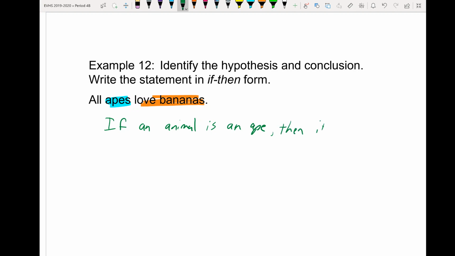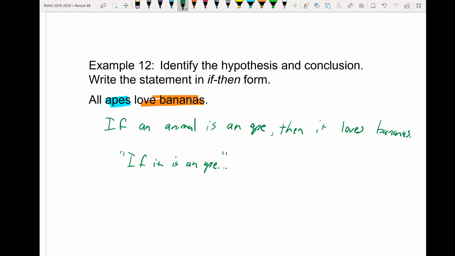Then it loves bananas. One thing I hear quite frequently, thankfully nobody in this particular class said it, is they'll say things like, if it is an ape, and go on from there. I don't like that.